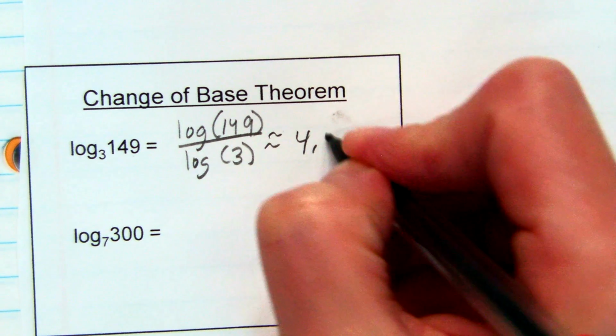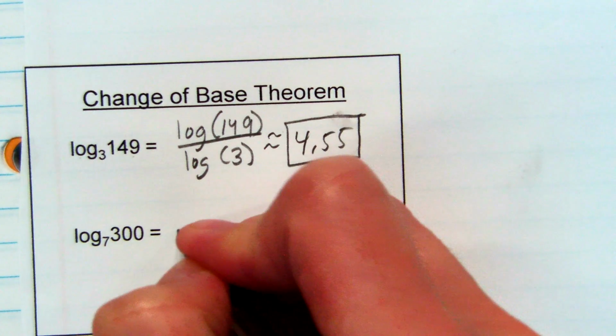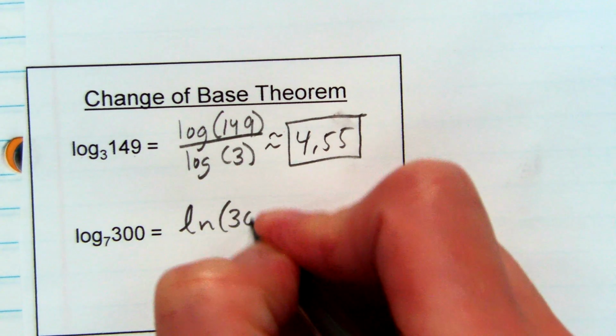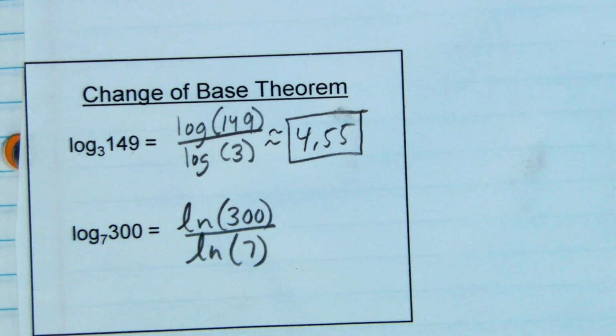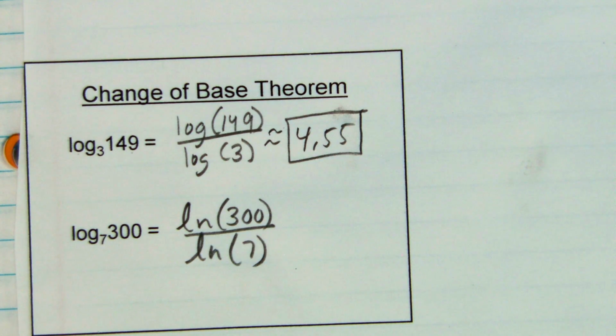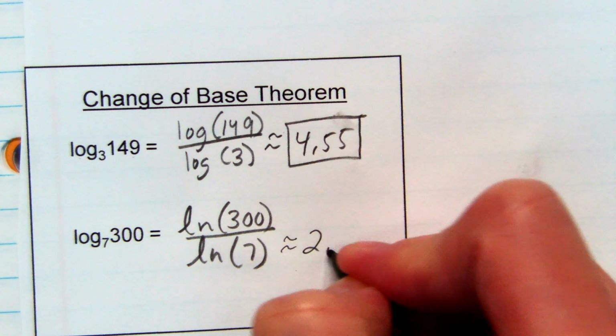So we come out about 4.55. And then just for fun, I'll change this one to a natural log. So natural log of 300 over natural log of 7. It's just a choice. And that comes out about 2.93.